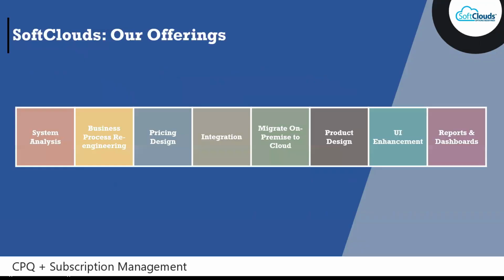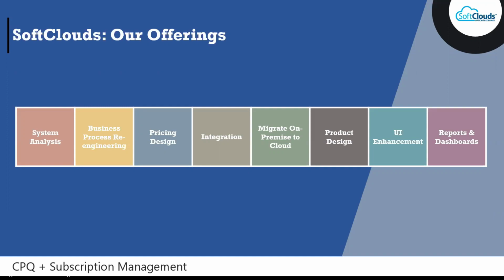So just briefly, in terms of our offerings, we run the gamut for all of these different applications, from a systems analysis, looking at your company, looking at your processes and helping to provide some ideas on how to improve your business processes.